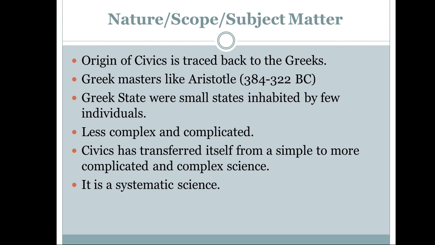These were the states which were having all the attributes or characteristics of being a modern state system. They were basically less complex and complicated, as there was not much population, and at the same time easy to govern, easy to rule.